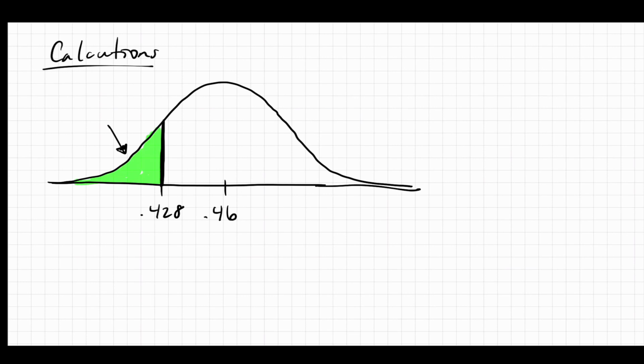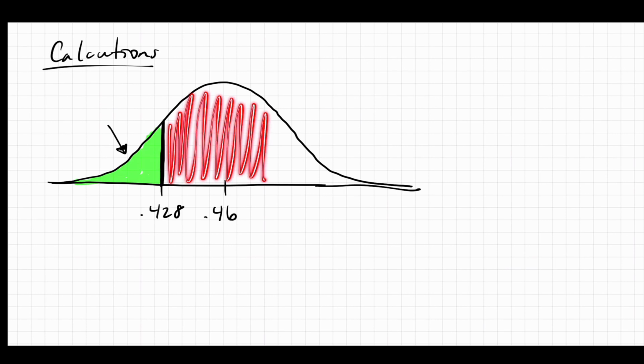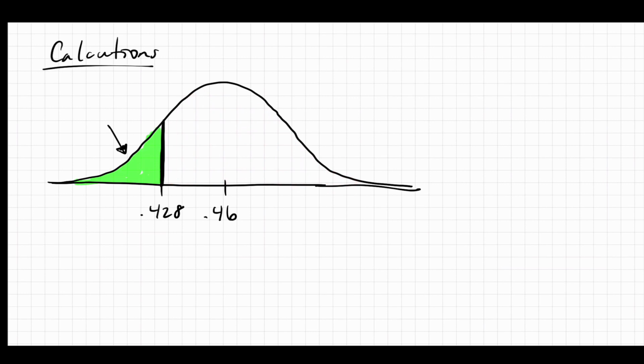So where do I shade to the right? Here's the thing. A lot of students think, oh, when you shade to the right, just shade this. If I shade that, what percent of the curve would be shaded if I shaded this part and the green? All of it, right? So that's kind of defeating the purpose, right? So which part do we shade?